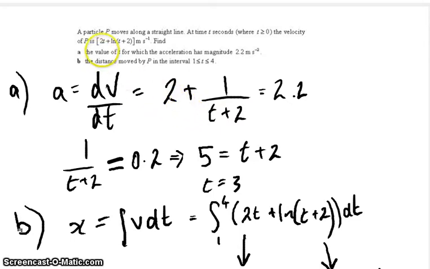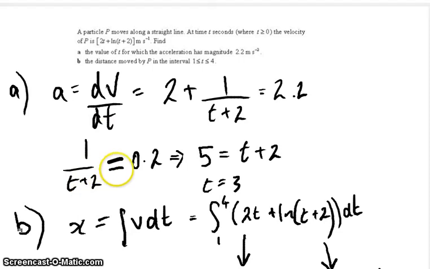Okay, so remembering differentiating, this 2t just goes to 2, the log of t plus 2 goes to 1 over t plus 2, and the acceleration is equal to 2.2. I've done it quite briefly because it's quite an easy question.